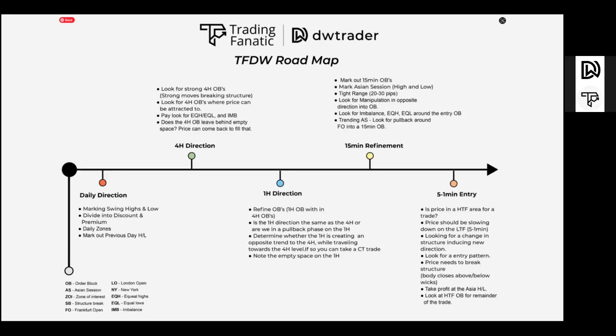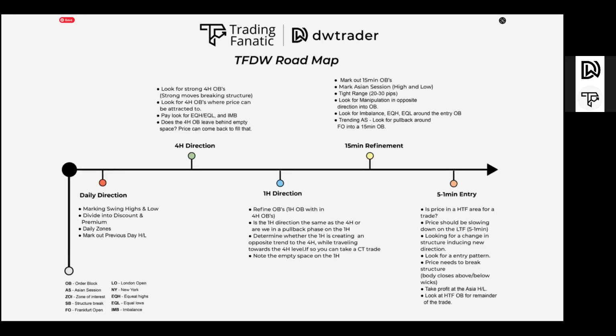Now, on the 5-minute to 1-minute, that's where we look for our entry. Is price at or in the higher time frame area for the trade? Yes or no? Price should be slowing down. Remember the bus GIF and the boat in the harbor turning around.